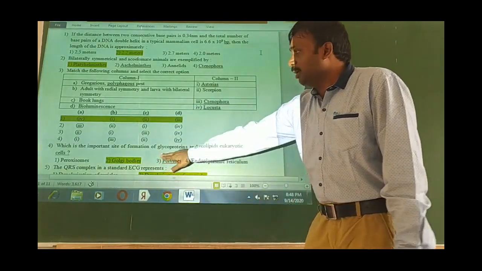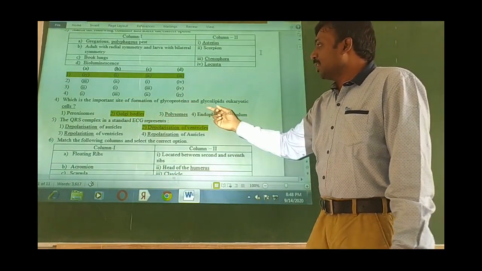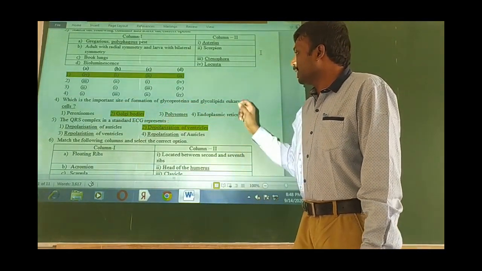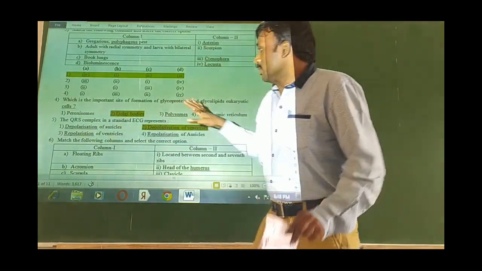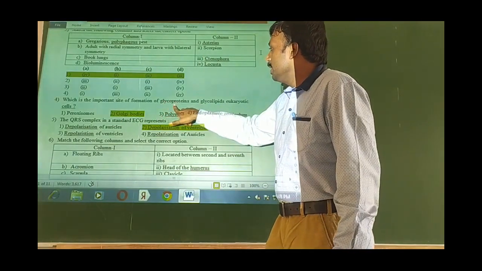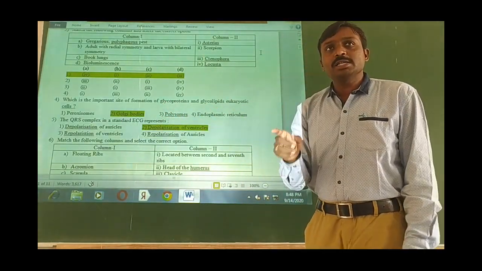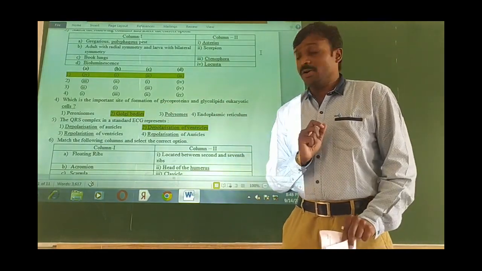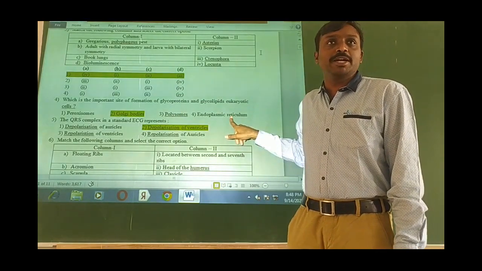Then moving on to the next question: which is the important site of formation of glycoproteins and glycolipids in eukaryotic cells? Many of us, when we see the terms proteins and lipids, will get confused and opt for endoplasmic reticulum.